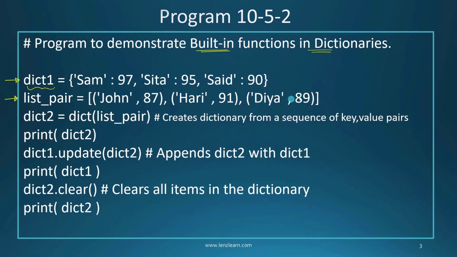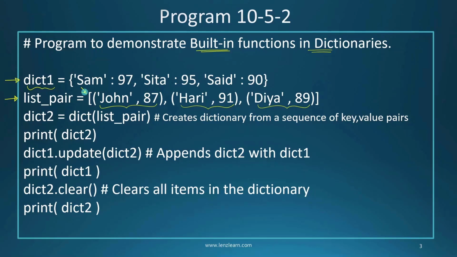Now you can see inside this list, I have 3 elements and each of those elements is a tuple. You can see it is using a rounded bracket, right? And inside the tuple, I have values given in pair. You can see John 87, Hari 91 and Dia 89. So how do you understand it is a list?